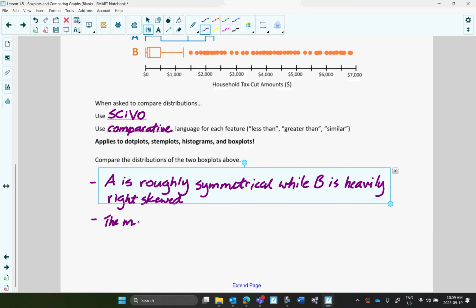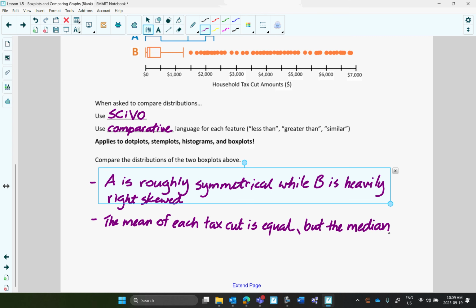So the mean of each tax cut plan is equal, but the median of which one is greater than which other one?